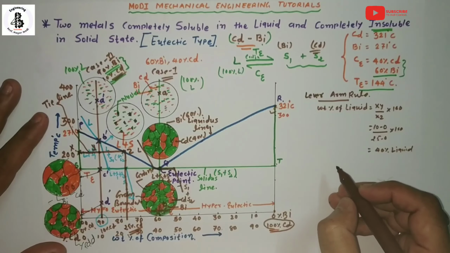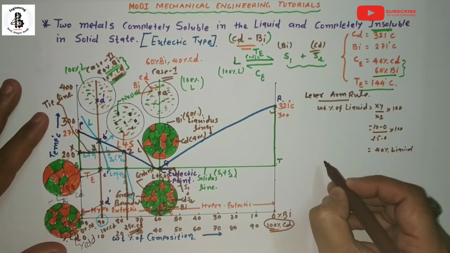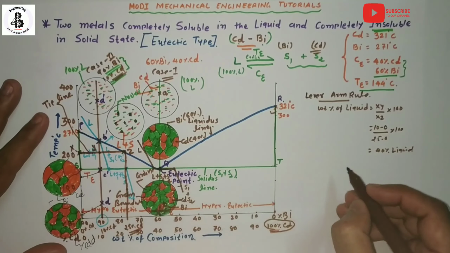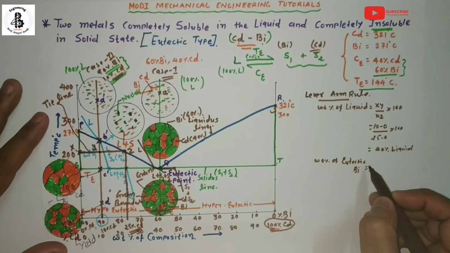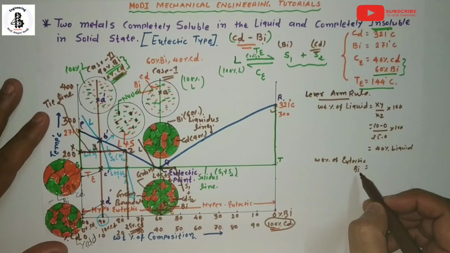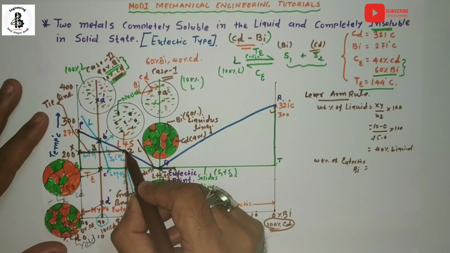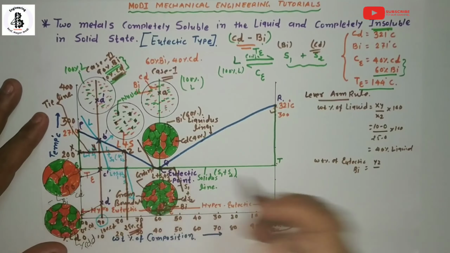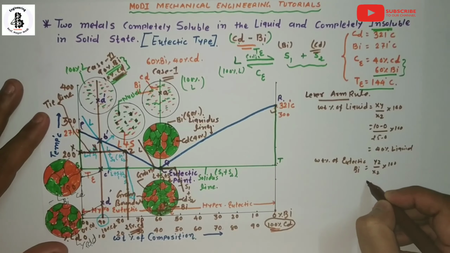Now I would like to calculate the weight percentage of solid, or you can say the weight percentage of eutectic bismuth. These are the solid particles. Take the intersection from the liquidus line, point z. So yz divided by the total line xz into 100.